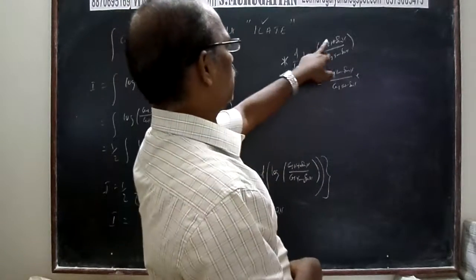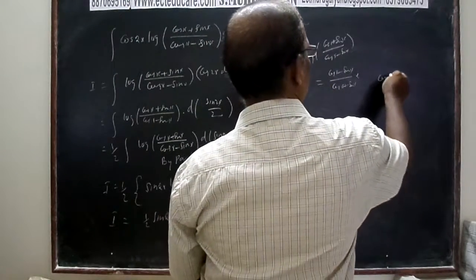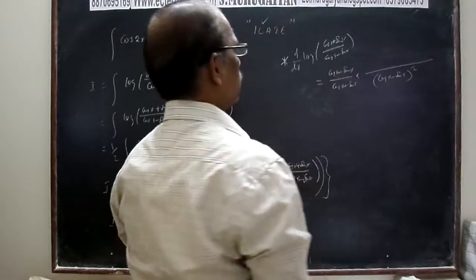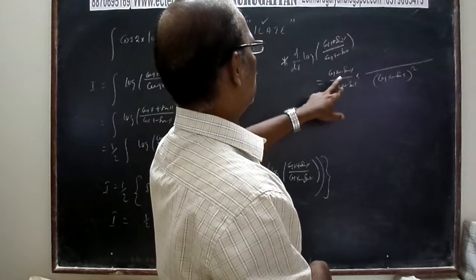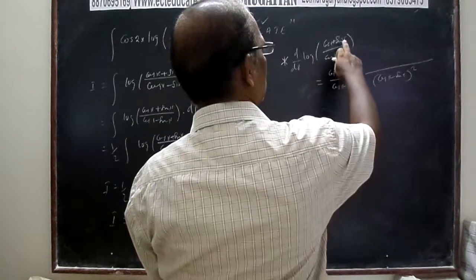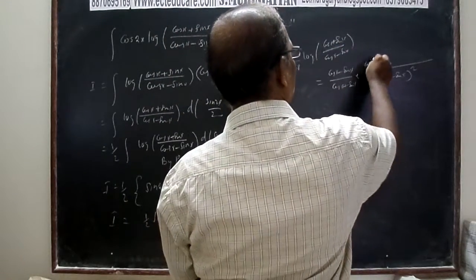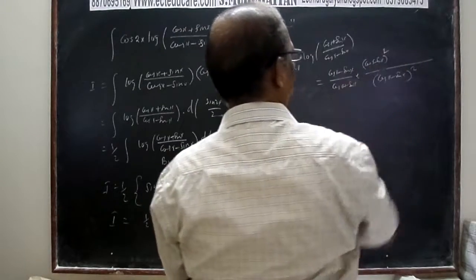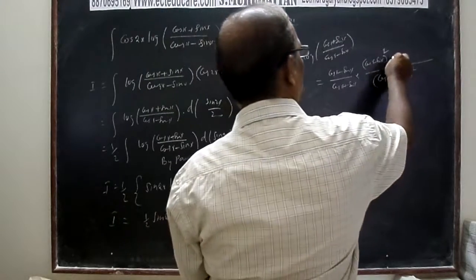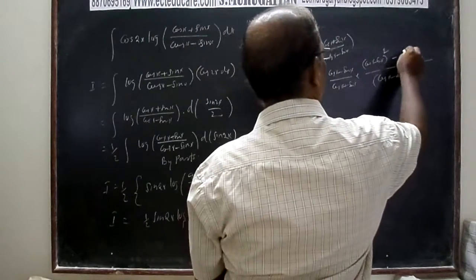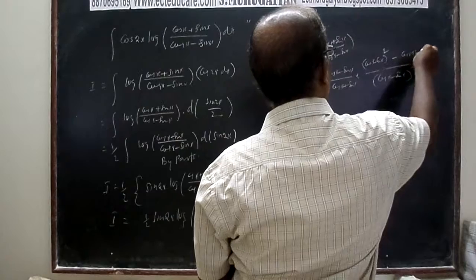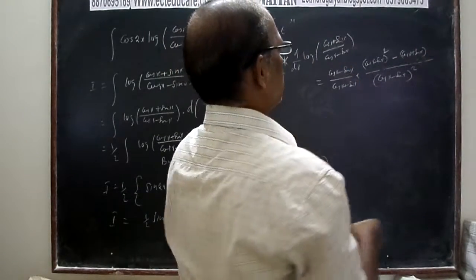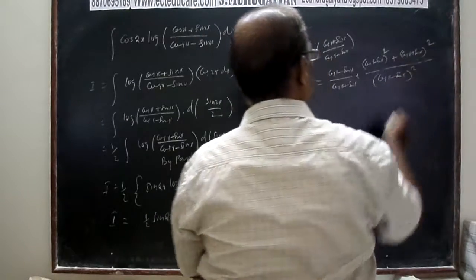Applying the quotient rule, with (cos x minus sin x) the whole square in the denominator, the numerator is the derivative of (cos x plus sin x), which is (cos x minus sin x), into (cos x minus sin x), minus (cos x plus sin x) into the derivative of (cos x minus sin x), which is (minus sin x minus cos x), so plus the whole square.